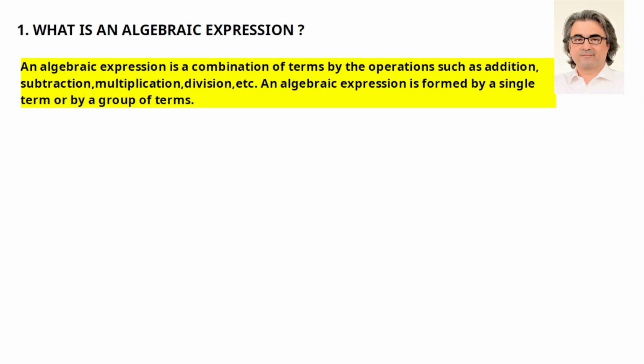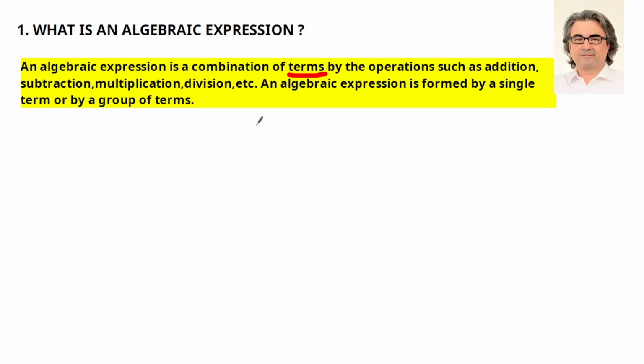Now I'll underline the word term. Term. By the operations such as addition, subtraction, multiplication, division, and so on. An algebraic expression is formed by a single term or by a group of terms.